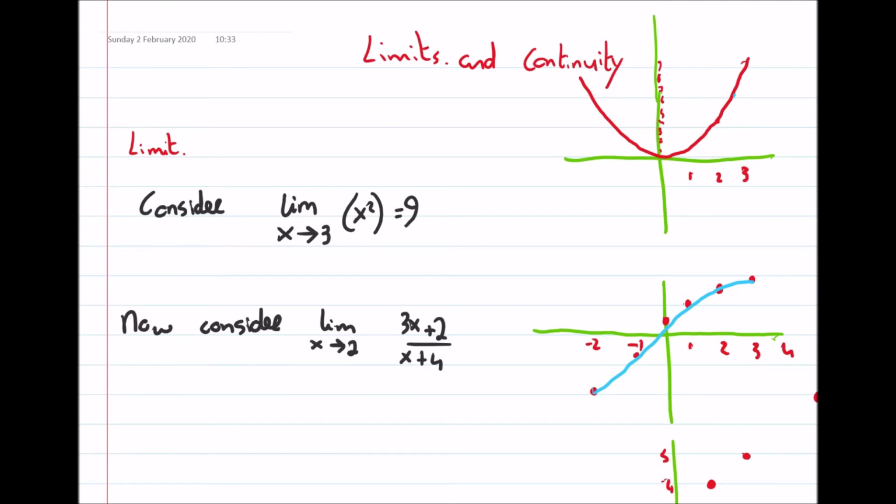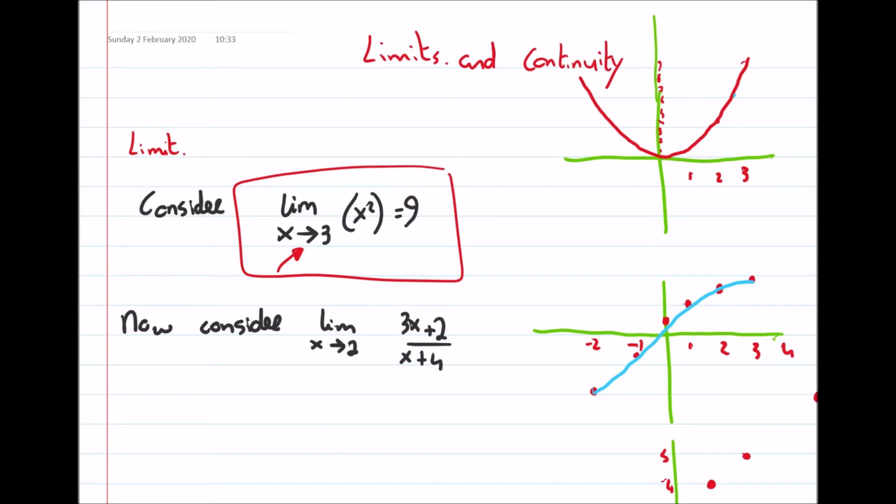So the last thing we're going to look at then is limits and continuity. We're going to first look at limits. Okay, and this is how we write it. So we have a function, and the function is x squared. And we're looking then at the limit as x approaches 3. So in this function it says the limit of the function x squared as x approaches 3 is 9.